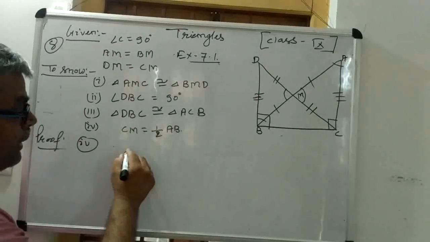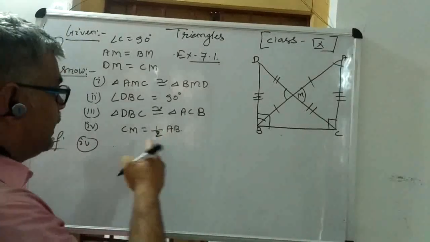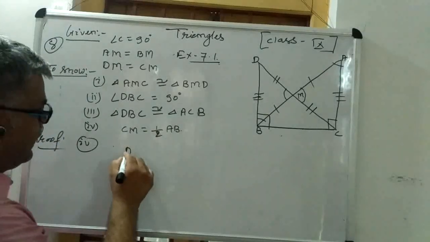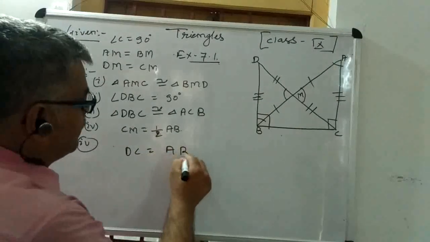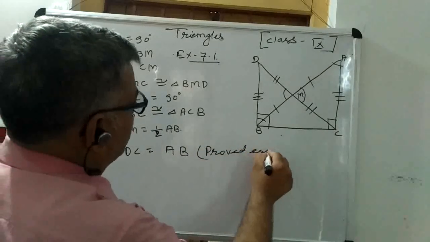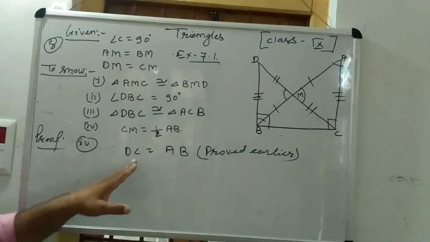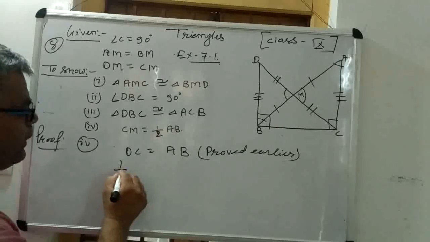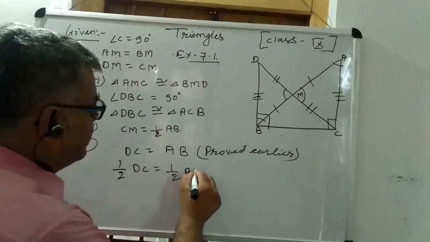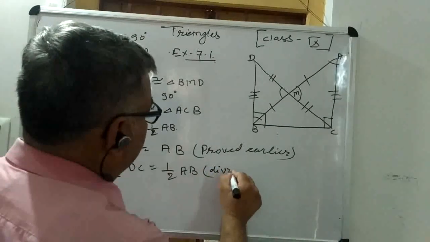We have proved earlier that DC equals AB. Now divide both sides by 2. So we can have half of DC is equal to half of AB, dividing by 2 on both sides.